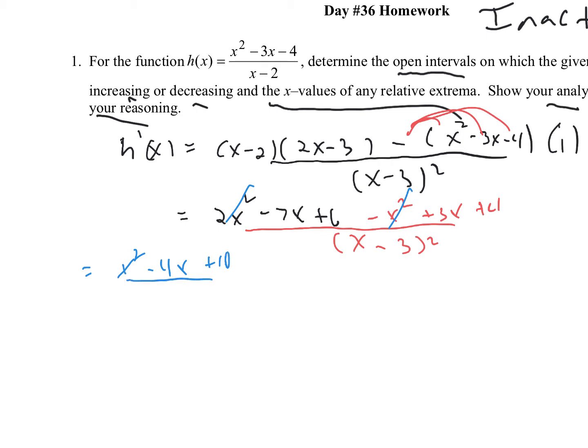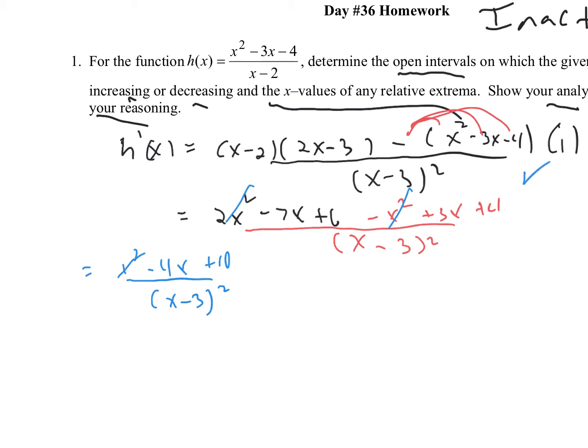The only reason I keep this as x minus 3 squared is because if I factor that top and have an x minus 3 in it, I could cancel that. But it doesn't look like I'm going to have x minus 3 in it. Once you have that derivative as simplified as you can, you don't get more points for it, because you already had the derivative right up here.